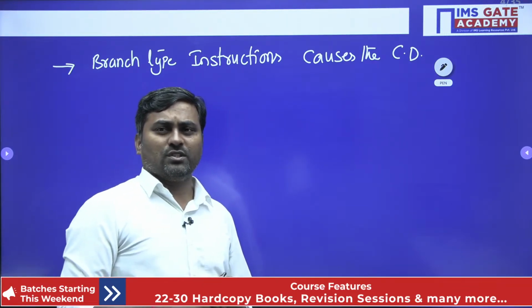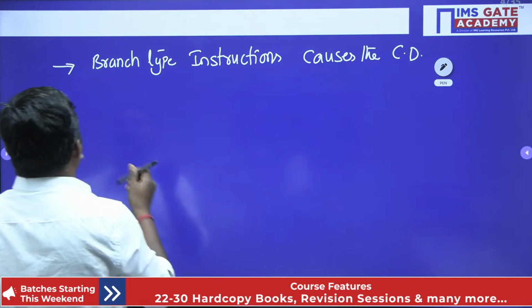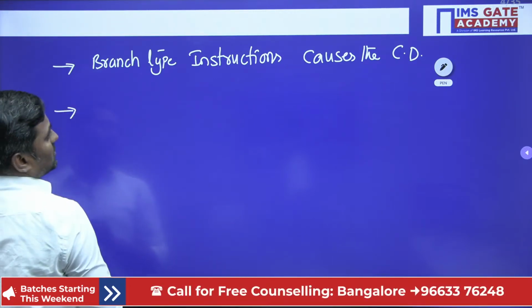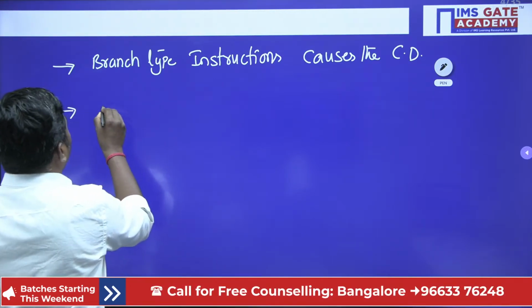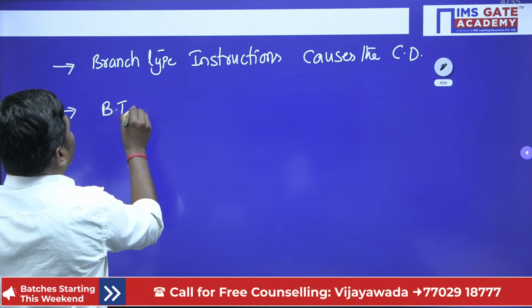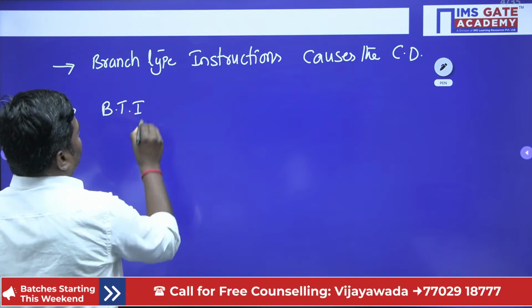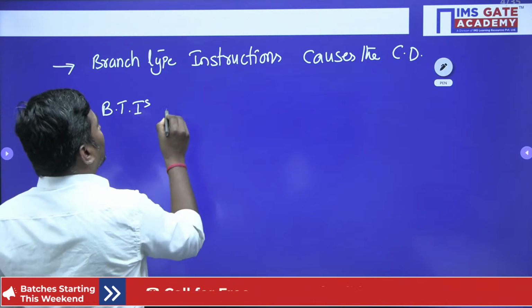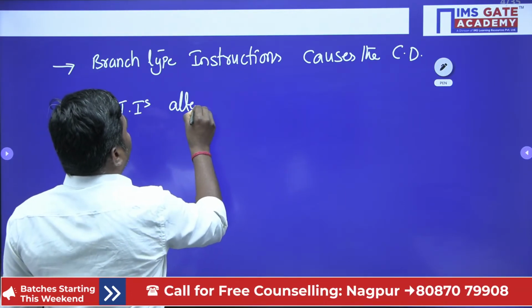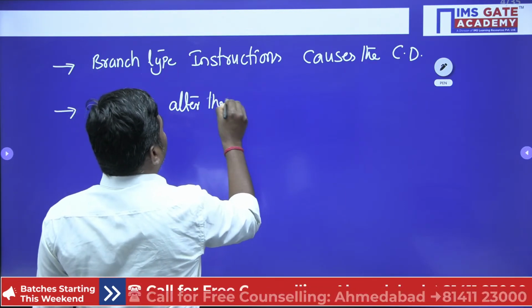Branch type of instruction causes the control dependency. Sir, how will it cause that? Please understand. Branch type instructions alter the flow of execution.